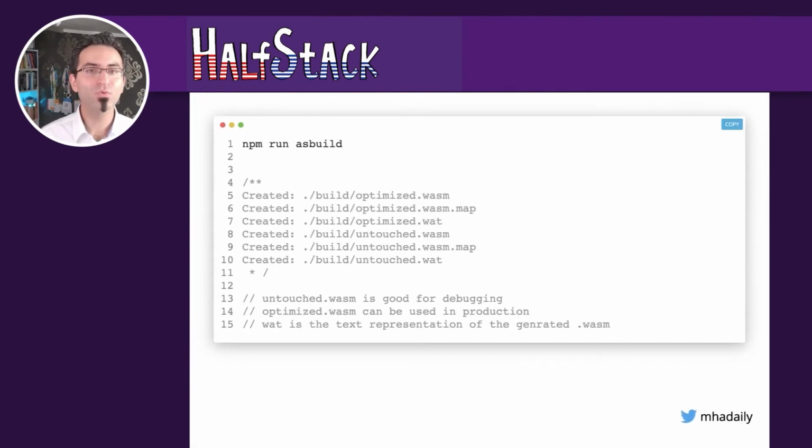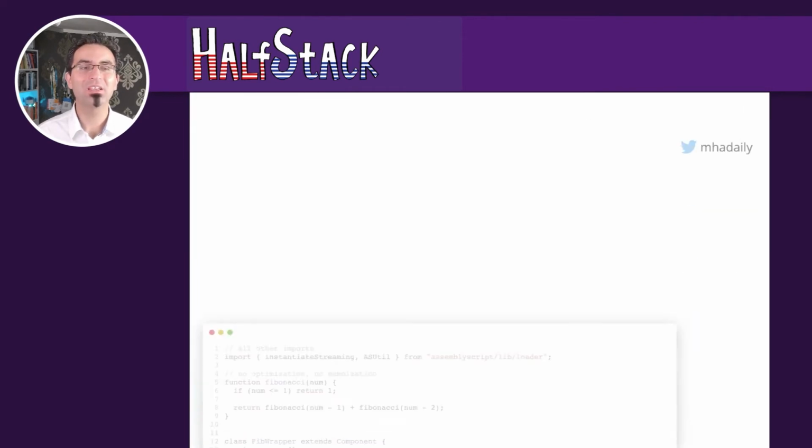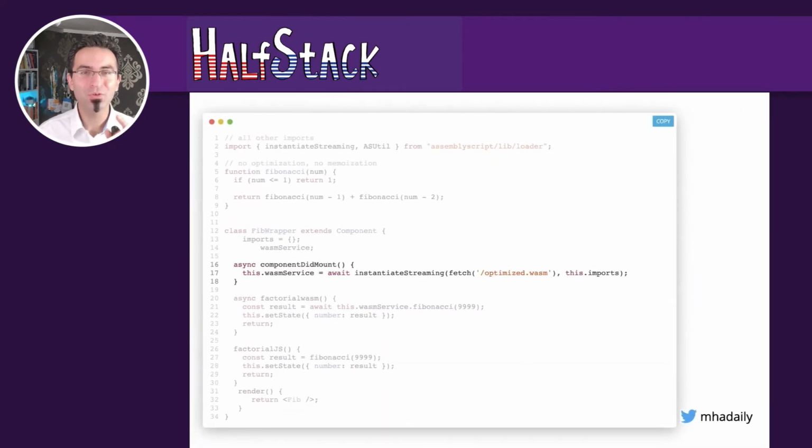But once you write your AssemblyScript and it's done, you can simply run a command and build your WASM file. And the more interesting thing here is when you're going to use this WASM file.